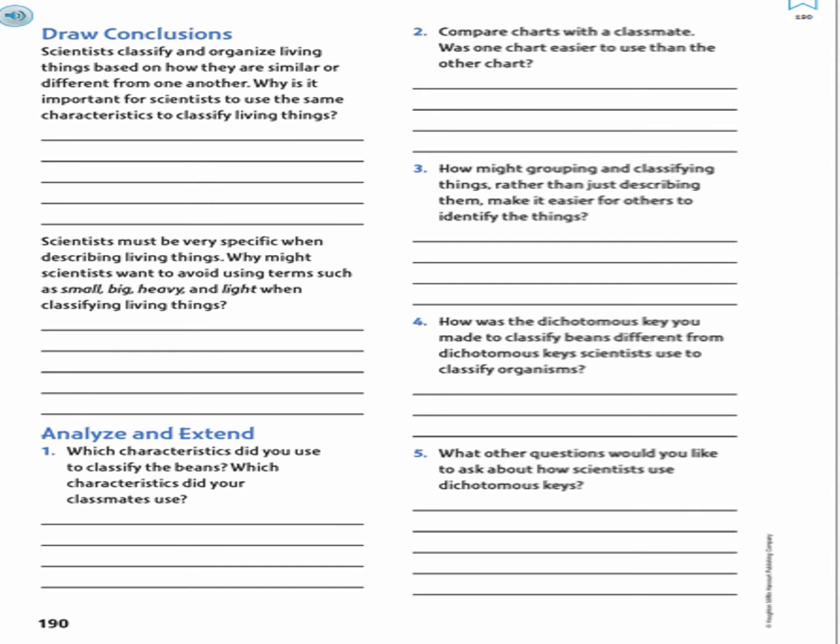How did grouping and classifying things rather than just describing them make it easier for others to identify the things? How is the dichotomous key you made different from the dichotomous keys that scientists use to classify organisms? What other questions would you like to ask about how scientists use dichotomous keys?